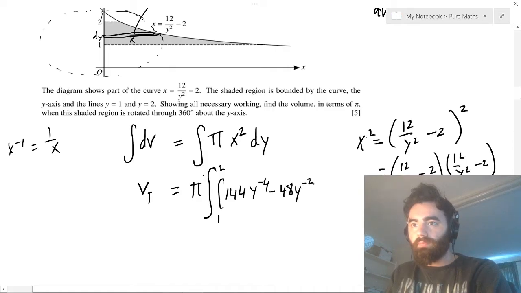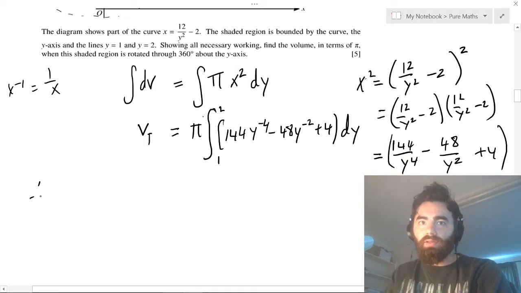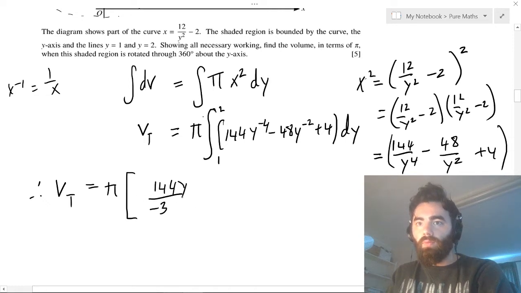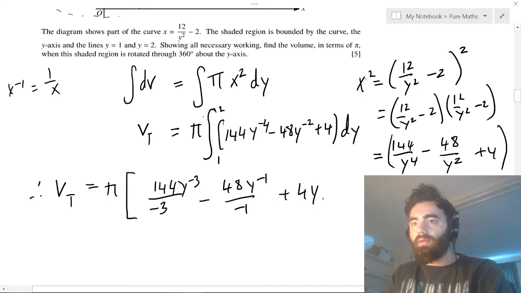Then we integrate: go up by a power, divide by the power, so we get pi times minus 144 over 3 y to the negative 3, minus 48 y to the negative 1 over negative 1, plus 4y, between 1 and 2.